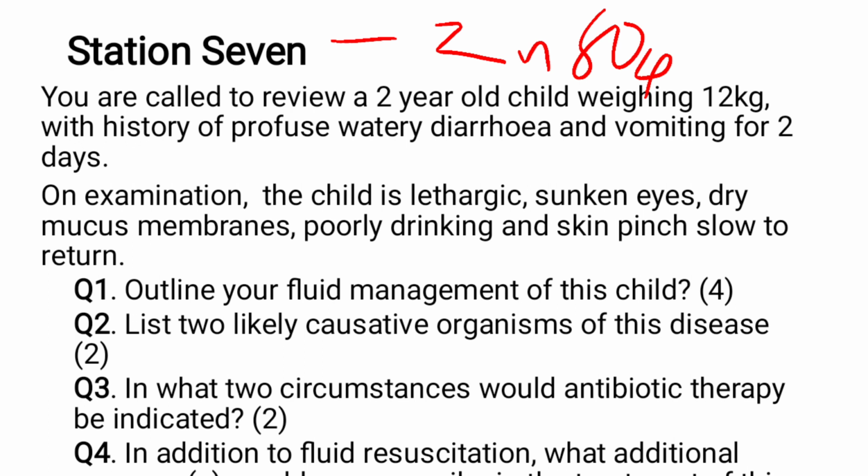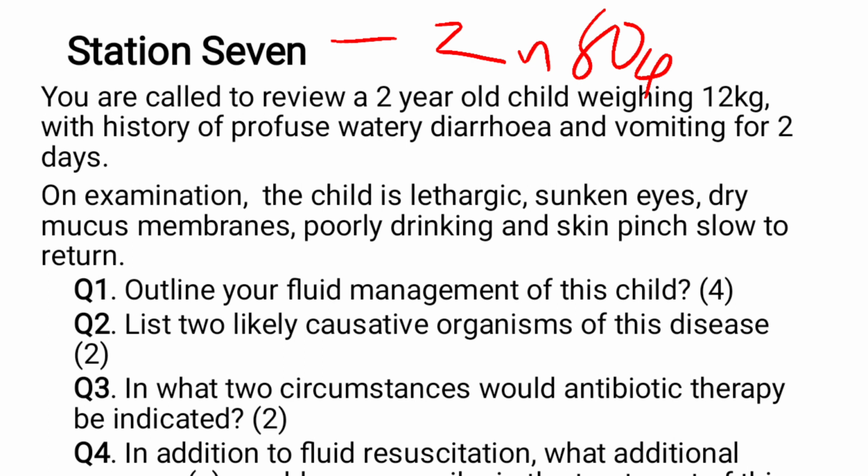We are going to give zinc sulfate 20 milligrams OD, not per kg, for 14 days, because zinc sulfate reduces the episodes of diarrhea, and it also causes epithelialization of the gastric and intestinal mucosa.